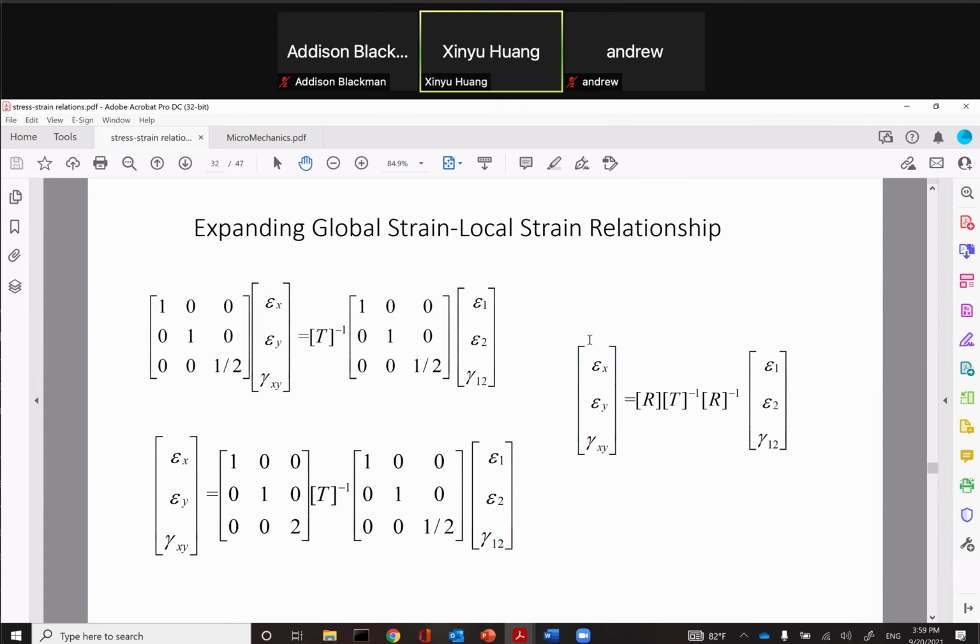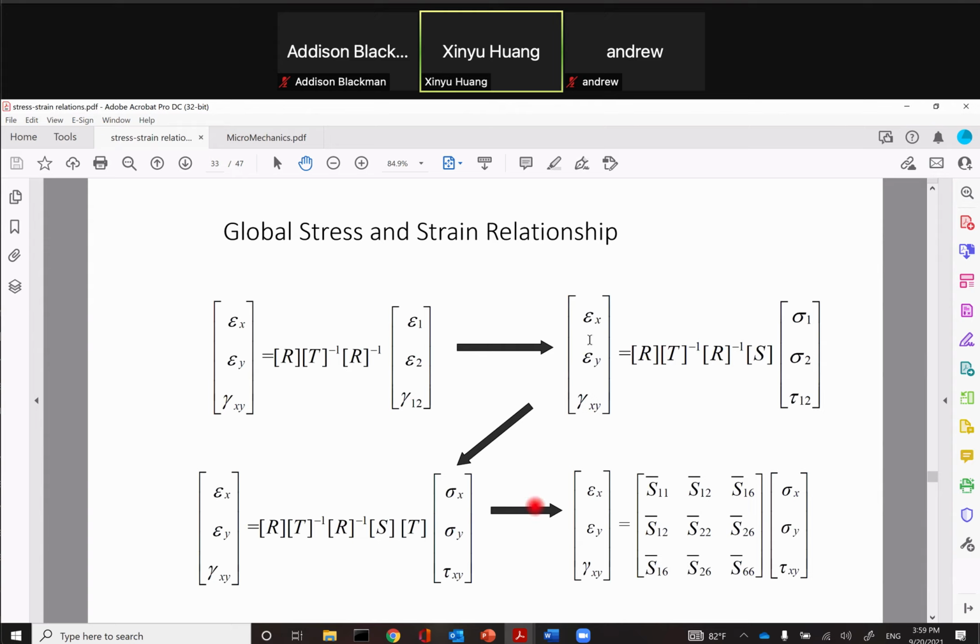This is what you need to do when you write your code. If your material matrix S is in your 1, 2 coordinate system, and you multiply all these matrices together, that gives you a relationship of stress and strain in XY coordinates.